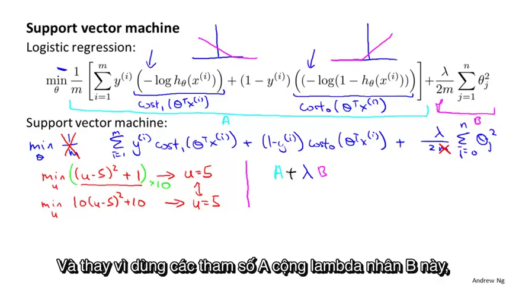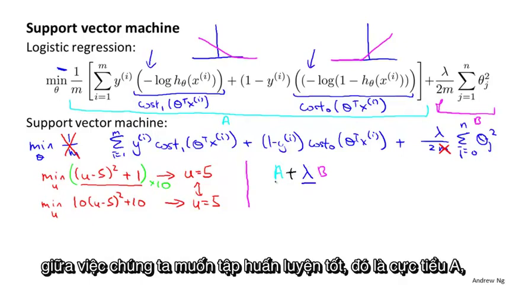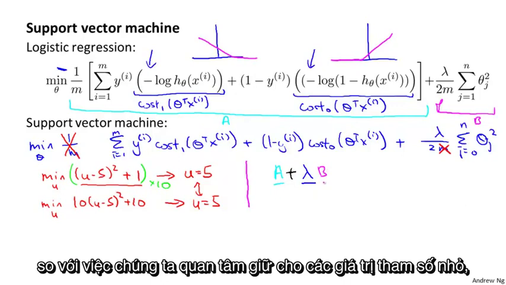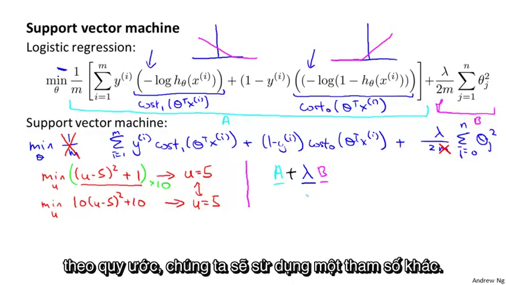By setting different values for the regularization parameter lambda, we could trade off the relative weight between how much we want to fit the training set well, that is minimizing A, versus how much we care about keeping the values of the parameters small, that is B. For the support vector machine, just by convention, we're going to use a different parameter.